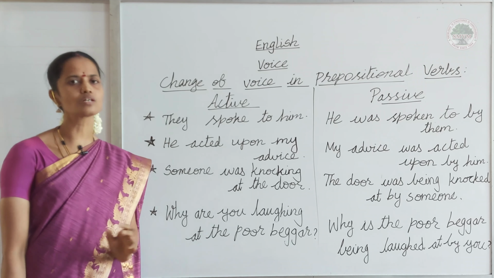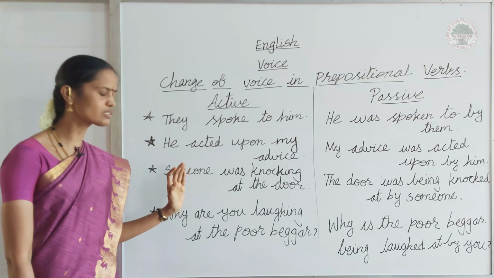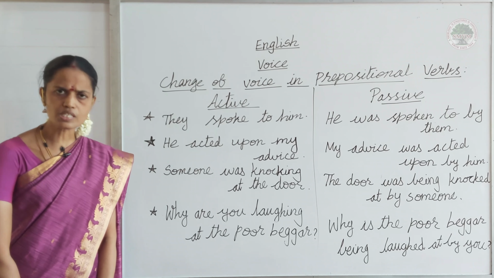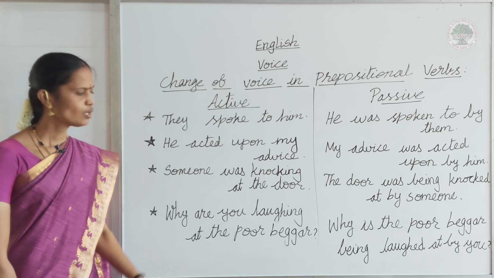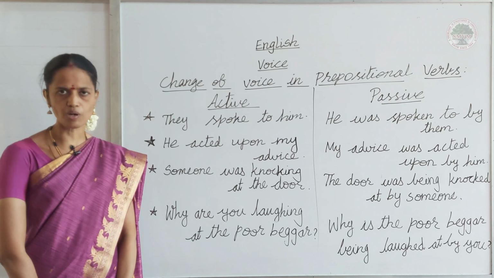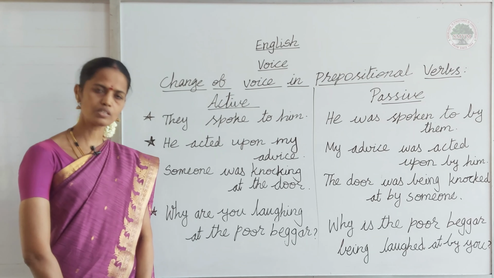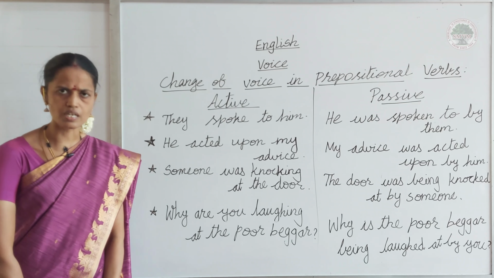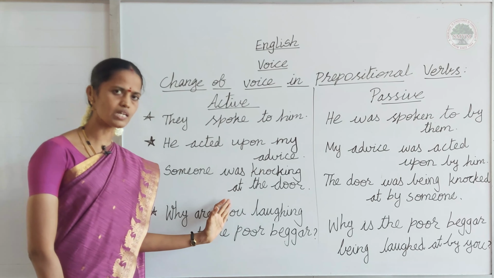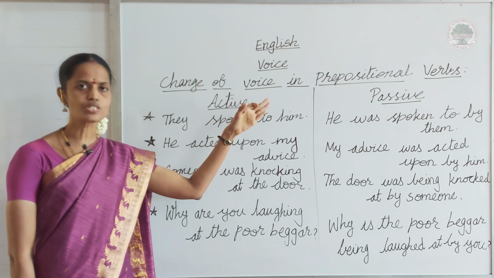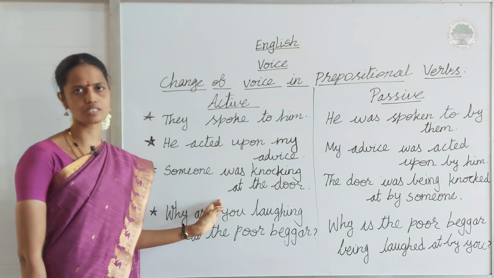Was knocking is the verb we used in the third sentence. What about the tense? Which form of the tense have we used here? Was knocking is given in the form of past continuous. So, what is the prepositional verb we used in the sentence? Was knocking at. Was knocking at is the prepositional verb we used in the sentence.